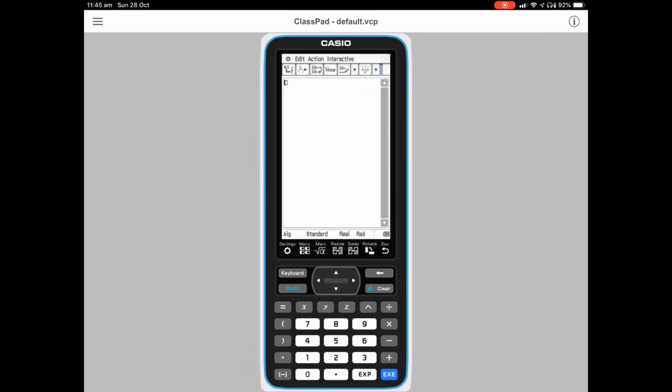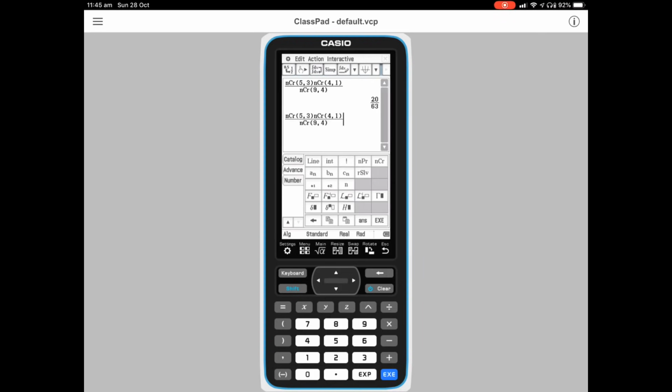Okay, so I'm going to put in a divisor, and then, oops, one too many, NCR. Okay, so I had 5, 3, 4, 1, 9, 4, and then the same thing, but this time I had 4 and 0, and then I want to add those together. 5 on 14.